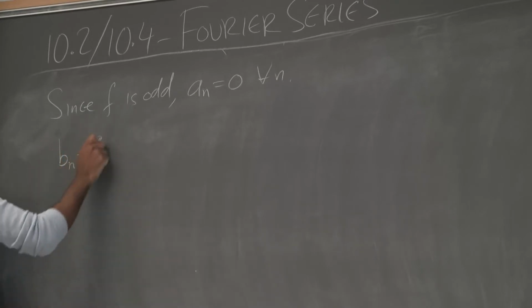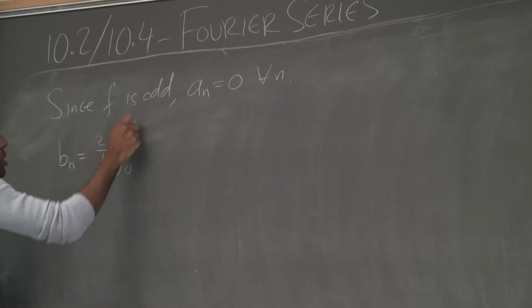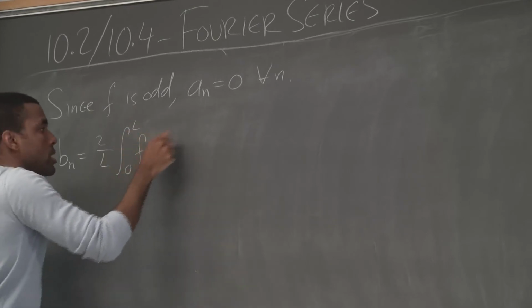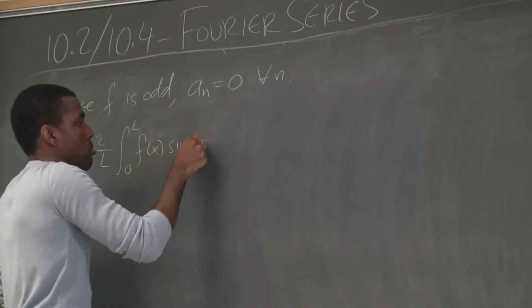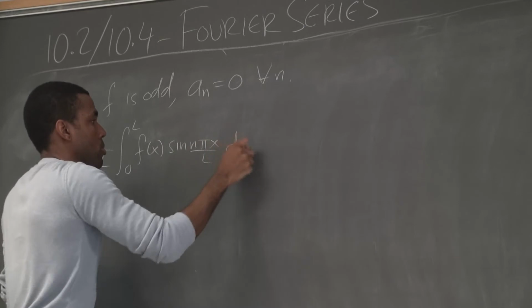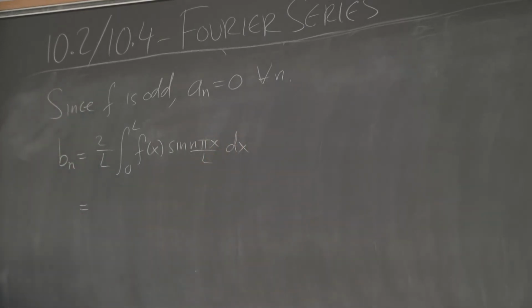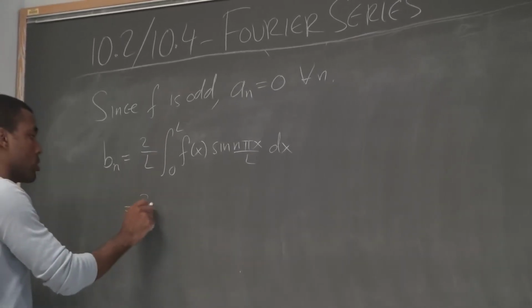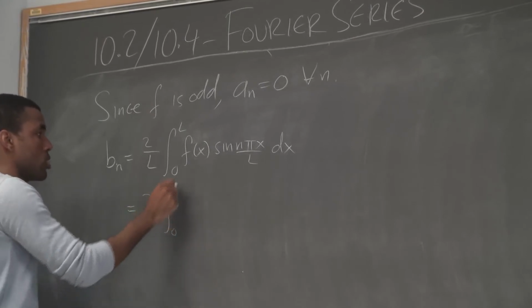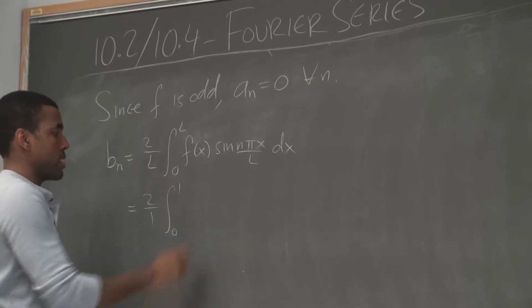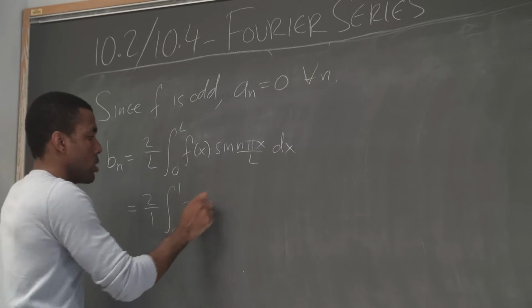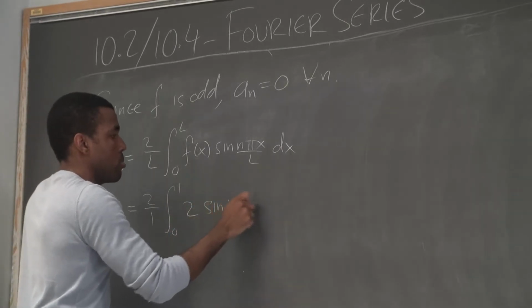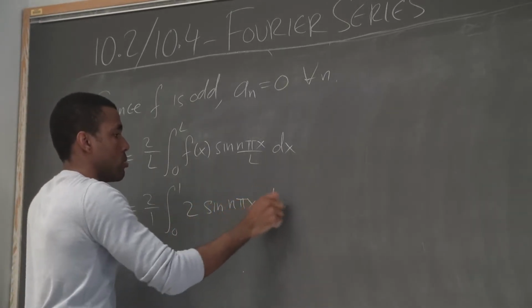Bn would be equal to 2 over L times the integral from 0 to L of f of x sine n pi x over L. Our L in this case is what? It's also 1. So this is 2 over 1 times the integral from 0 to 1 of f of x, which is just the function 2, times sine n pi x.